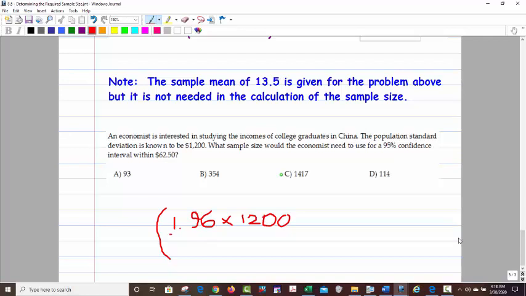Oh, it looks like a square root. 62.5 squared.